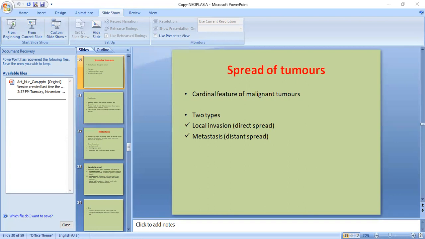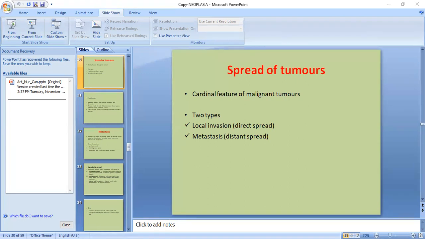Now, spread along body cavities and natural passages. 1. Transcoelomic spread. Tumor cells invade along serosal lining of coelomic cavity and spread along coelomic fluid to get deposited elsewhere in the body cavity.